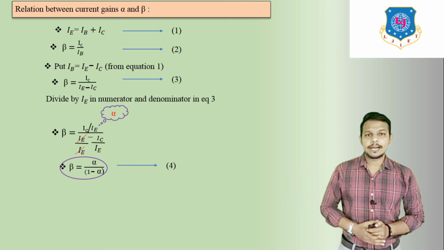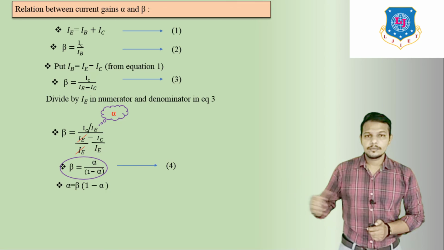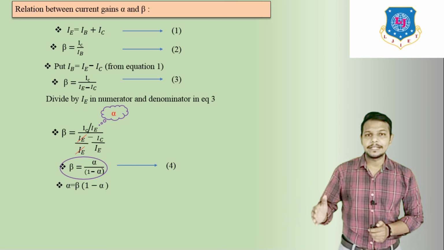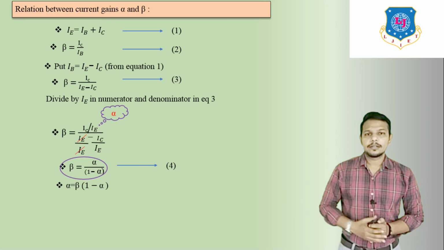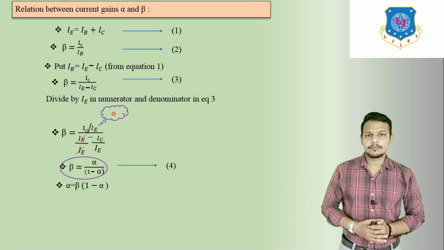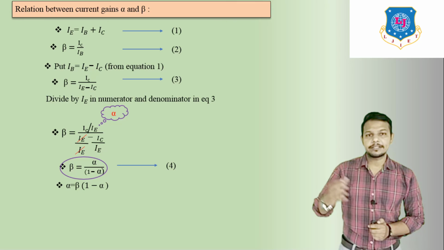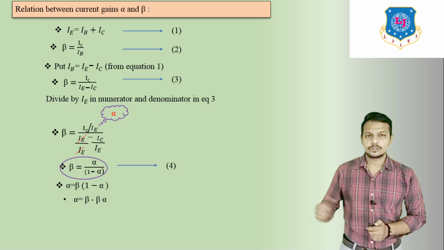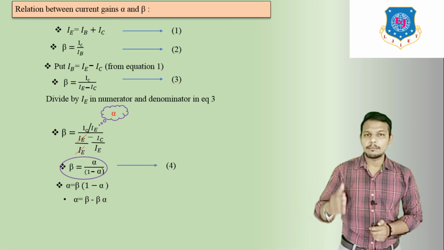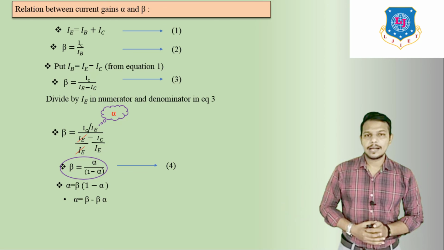Now we have to prove alpha is equal to beta in bracket 1 minus alpha. Here we make alpha the subject. So beta into 1 minus alpha; now multiply beta inside the bracket. So it becomes alpha is equal to beta minus beta into alpha.